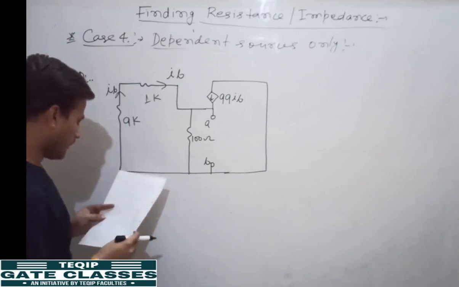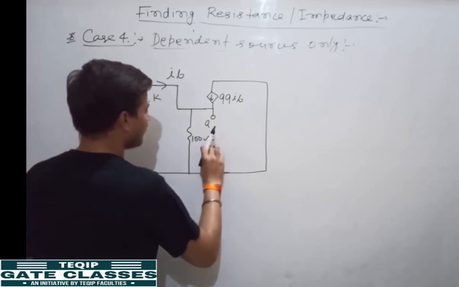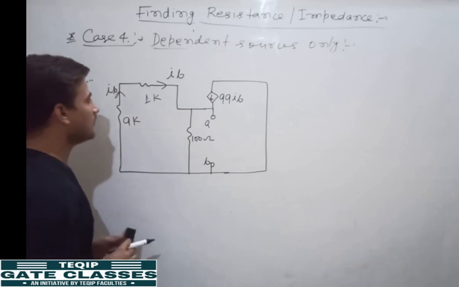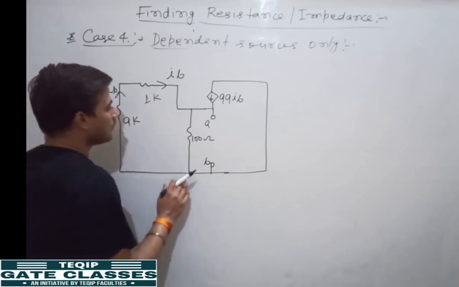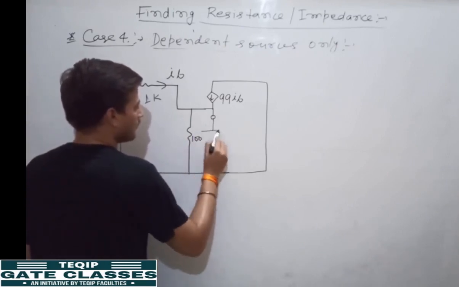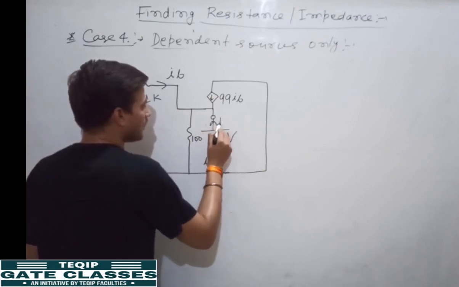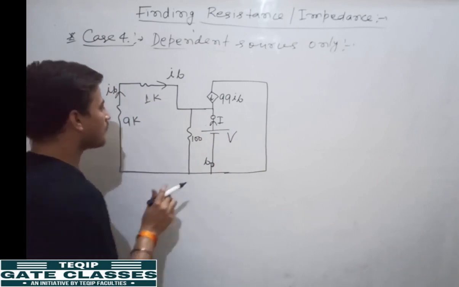Clear? So now you have to find the equivalent resistance between A and B. Let us see how you will find it. You will connect a V volt battery here. Current coming out from this battery will be I.